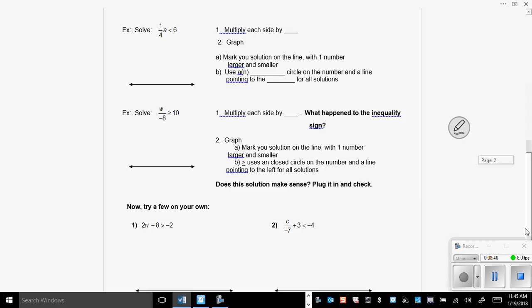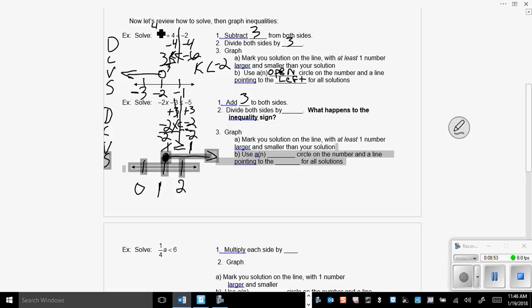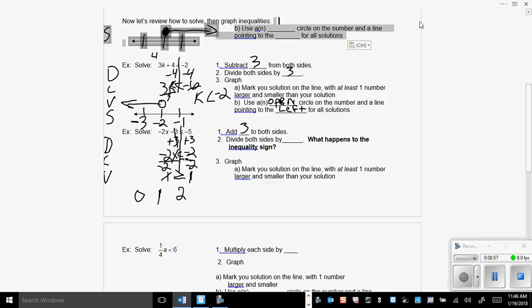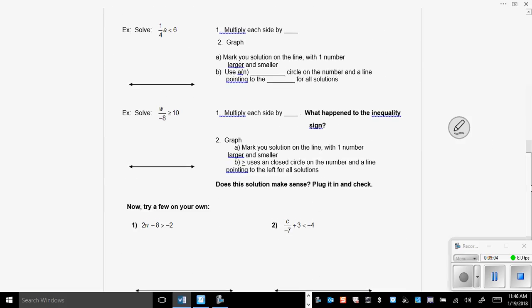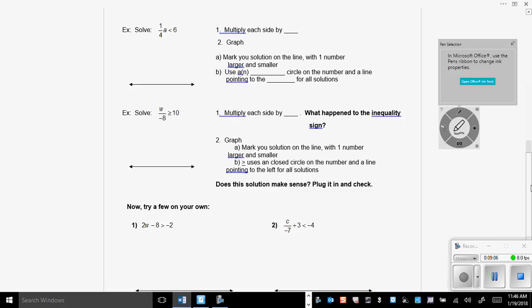So instead of multiplying by 1/4, we'll multiply each side by 4. Oh, what happened? Let's go back and see if we can get things back to the way they're supposed to be.